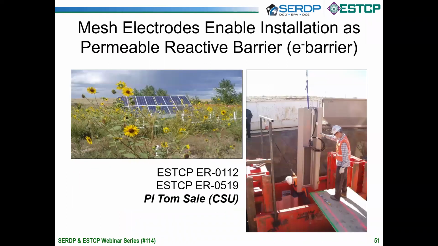So on this slide, you see photographs from a project at the Pueblo Chemical Depot, where my co-PI Tom Sale showed in one of his 2 ESTCP projects that these mesh electrodes can be mounted on vinyl sheet or sheet pile wall, basically. So there are openings that are cut into these interlocking sheet pile wall panels, and the mesh can be mounted on it.